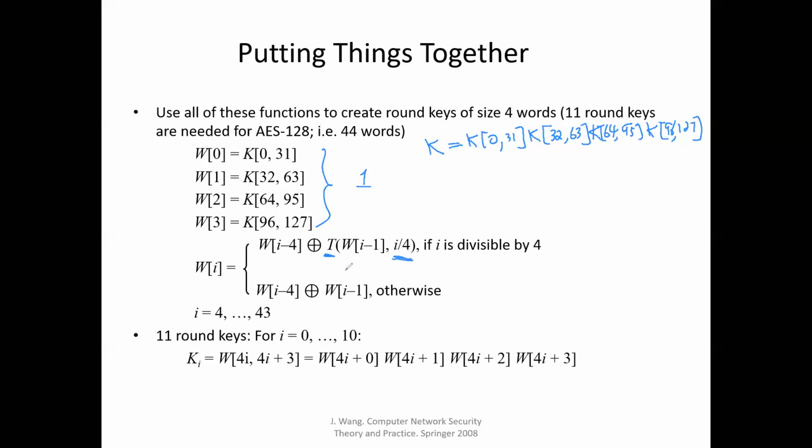Otherwise, you just exclusive OR Wi minus 4 with Wi minus 1. That's how it is defined. So finally, we have the 11 round keys defined in this way. Let me remove this and move on to the next slide.